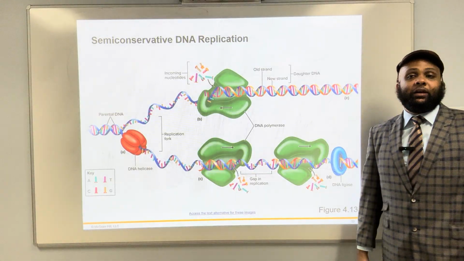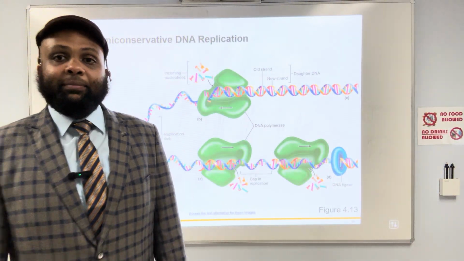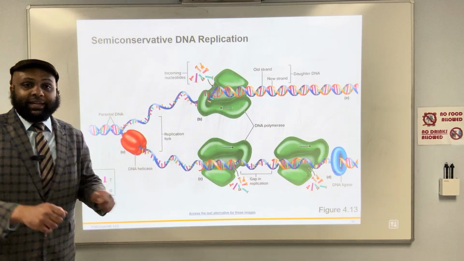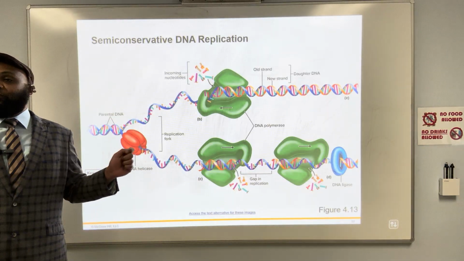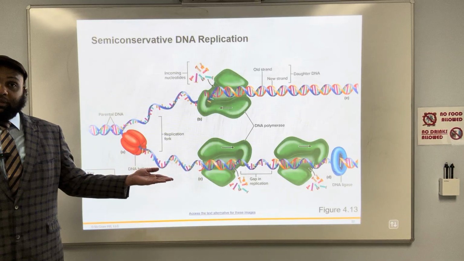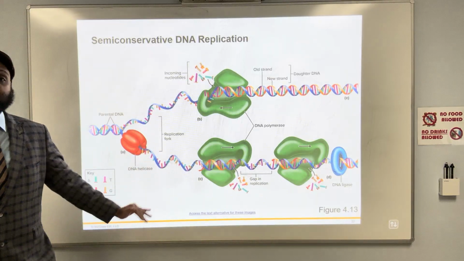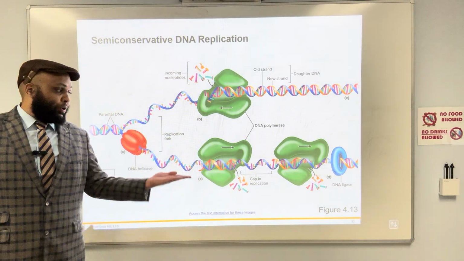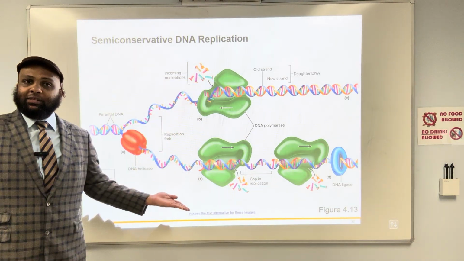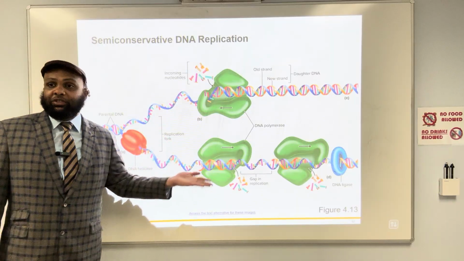Why do we call the DNA replication semi-conservative? We call it semi-conservative because when helicase unzipped the DNA for us, it unzipped it into two different strands. But from each strand, you made a copy. So you had two parental strands, and from each parental strand, you made a daughter strand.